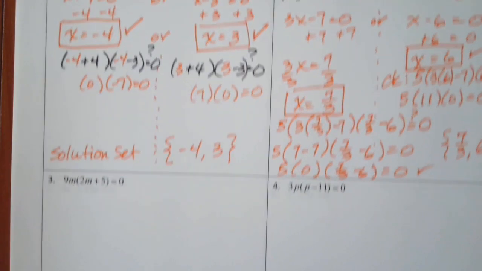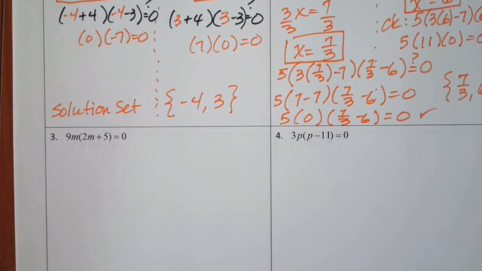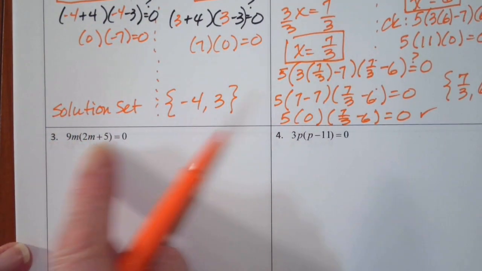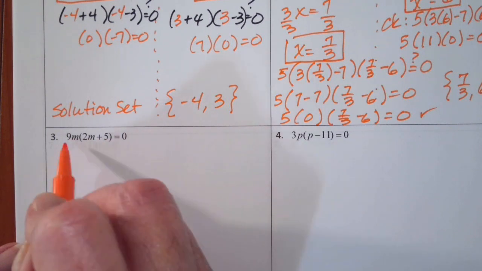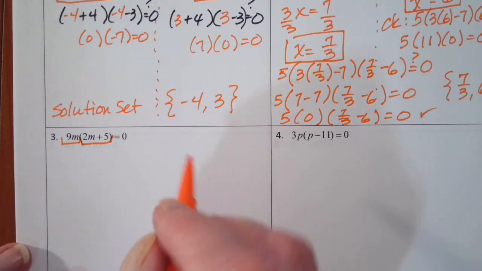Okay, now I'm hopeful at this point that you will stop and try some on your own as you're watching the videos. Okay, I still have two chunks here that multiplied together equals 0. So I have 9m times (2m plus 5) equals 0.